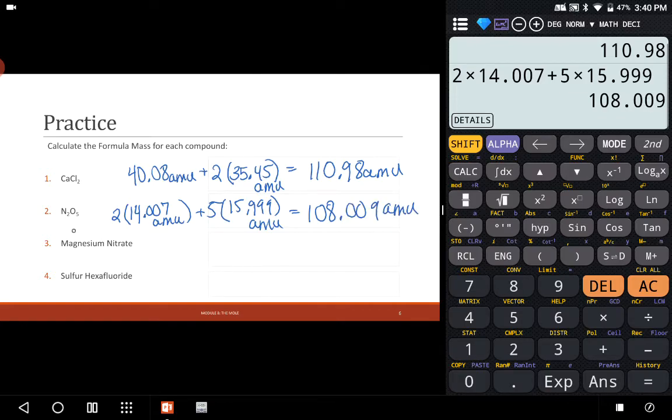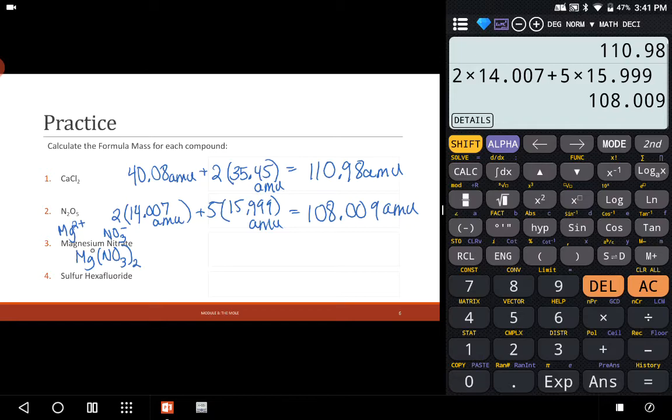For these next ones, we have to get our chemical formulas correct before we can calculate the mass, so it's a good review of nomenclature. Magnesium has a common ion charge of 2+, and nitrate is NO3-. That means magnesium nitrate will need 2 nitrates in order to form a neutral ionic compound.